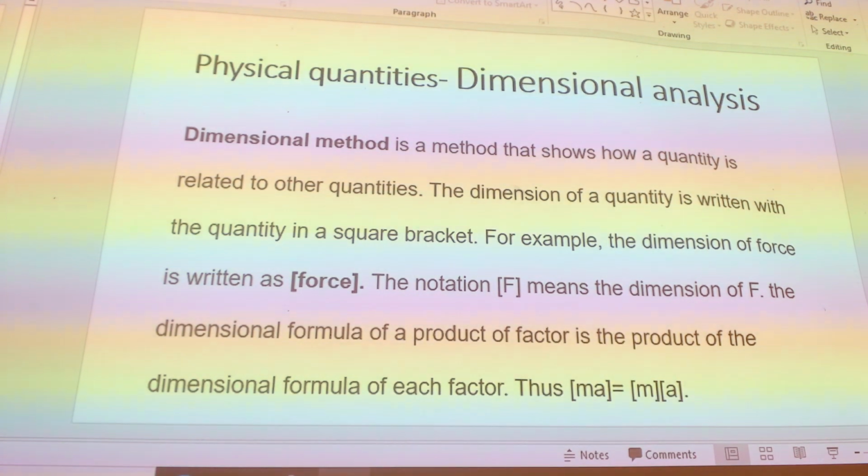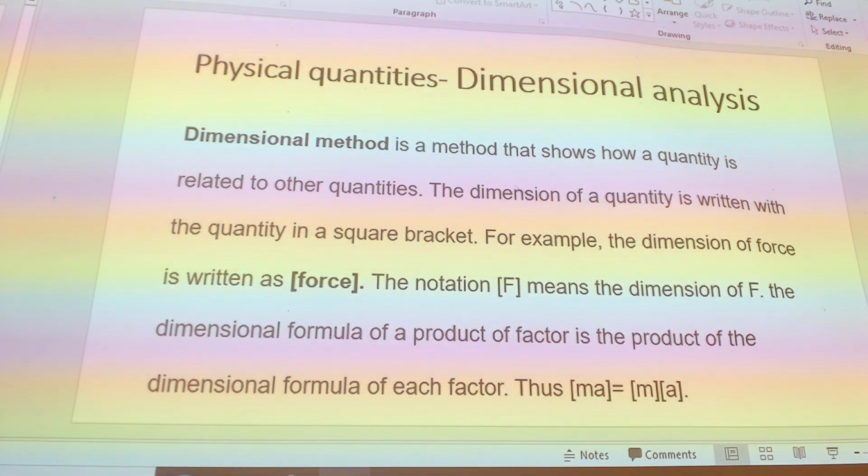The dimension of length is L, the dimension of mass is M, and the dimension of time is T. How these dimensions are related to one another is what we refer to as the dimensional method. How length is related to time, or how time is related to mass, or how mass is related to time. When these quantities are related, we refer to that as the dimensional method.